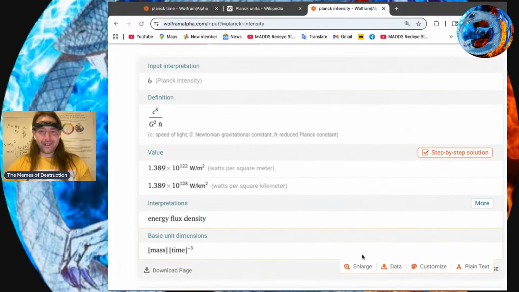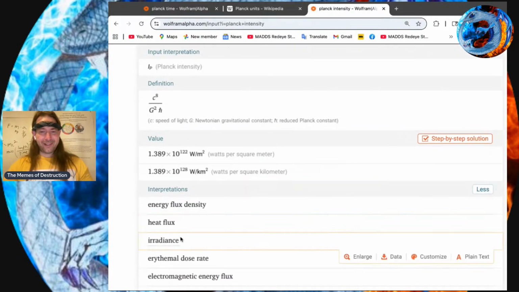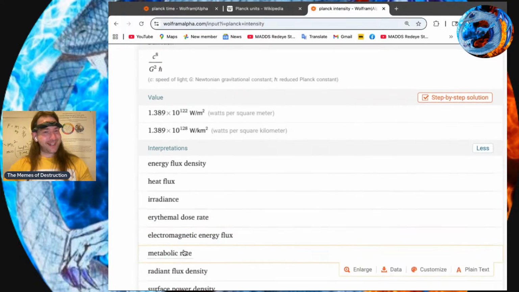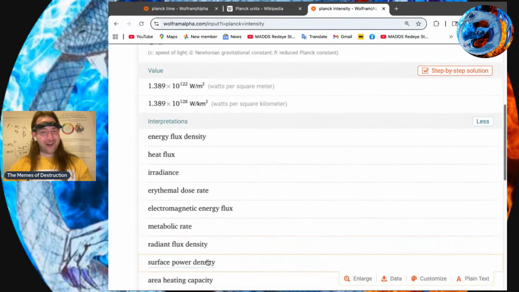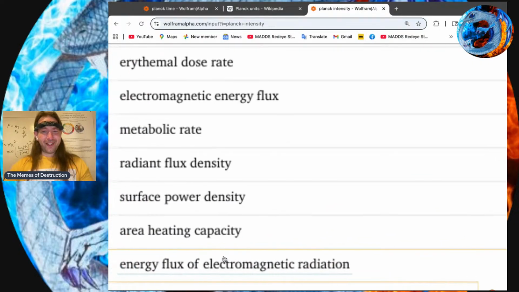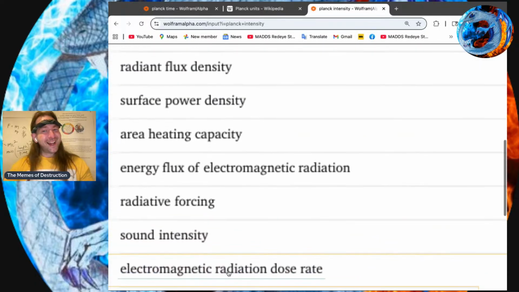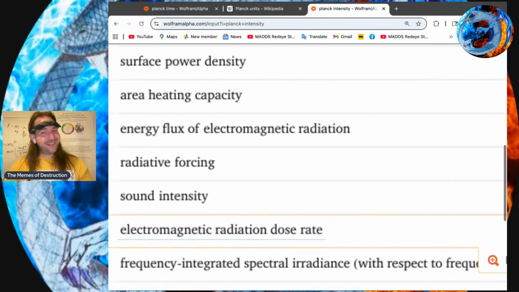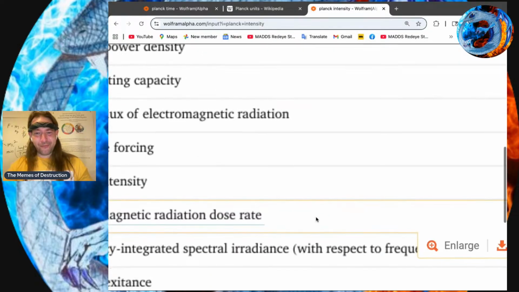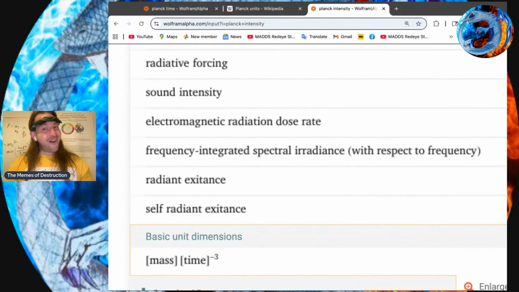So it gives you this stuff: interpretation, energy flux density, heat flux, irradiance, thermal dose rate, electromagnetic energy flux, metabolic rate, radiant flux density, surface power density, area heating capacity, energy flux of electromagnetic radiation, radiative forcing, sound intensity, electromagnetic radiation dose rate, frequency-integrated spectral irradiance with respect to frequency, radiant exitance, self-radiant exitance. Oh my God.